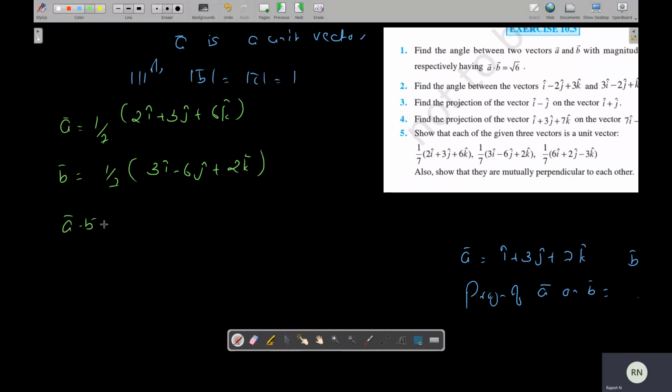What is a bar dot b bar? 1 by 7 into 1 by 7, 1 by 49 into 2 into 3, 6 minus 18 plus 12. 1 by 49 into 18 minus 18. So 1 by 49 into 0. So a bar dot b bar is equal to 0. Similarly, therefore a bar and b bar are perpendicular.